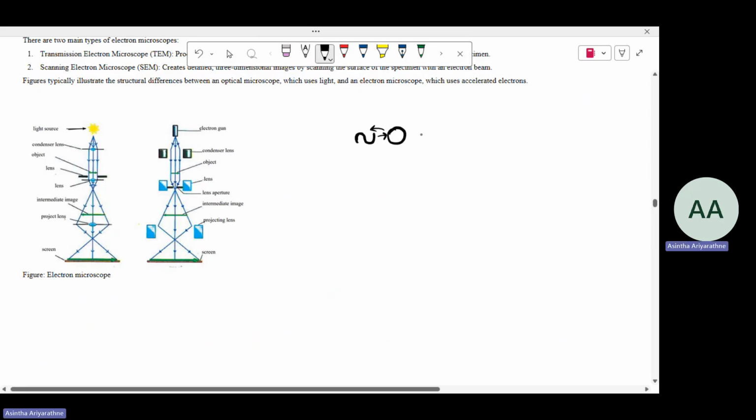But if the object is very small compared to the wavelength, then it would not get reflected.